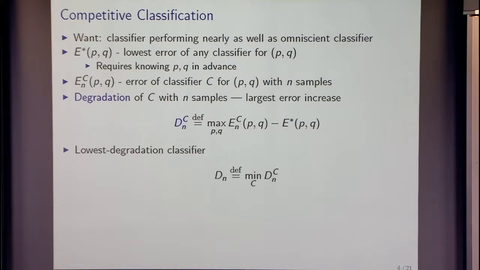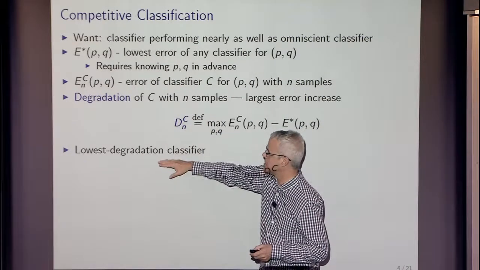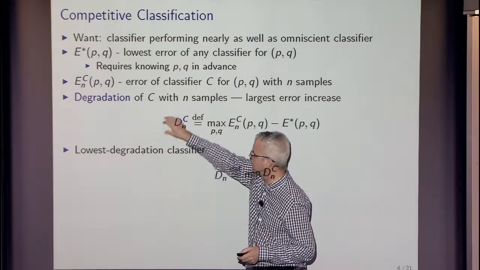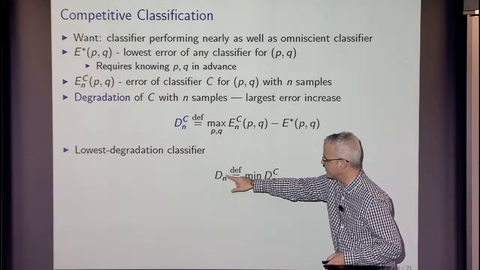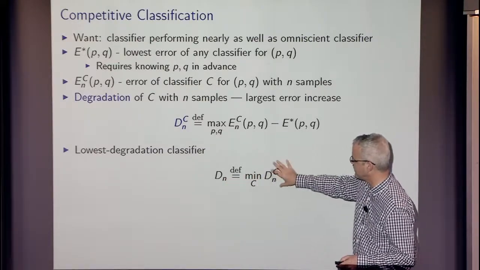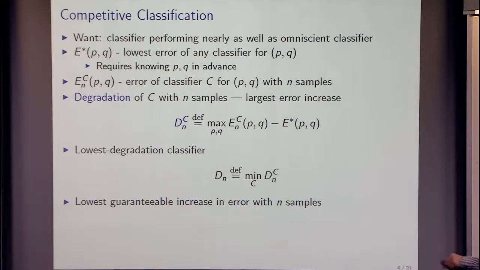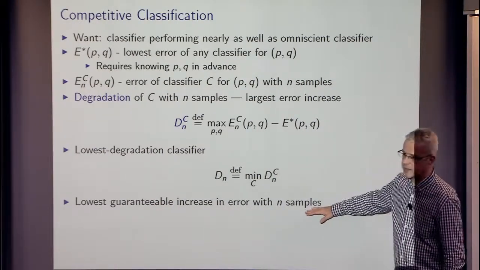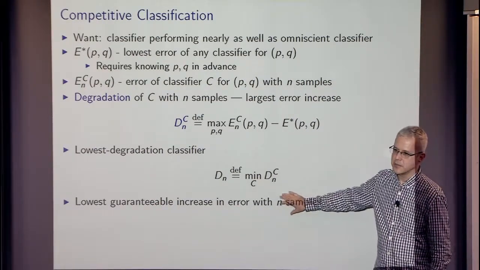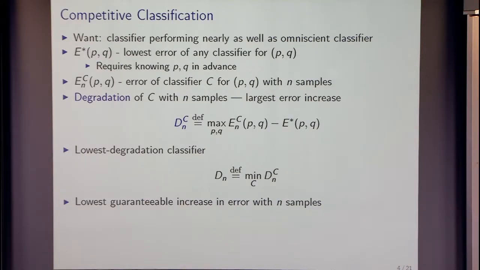Okay. And so this is for the classifier C, and of course we're doing min-max, so we'll find the classifier with the lowest degradation possible, and that will be just a function of n. It's the minimum over all classifiers of their degradation. Clear? So this is the lowest guaranteeable increase in the error with n samples. If you give me n samples, I can guarantee that my additional error will be at most something.